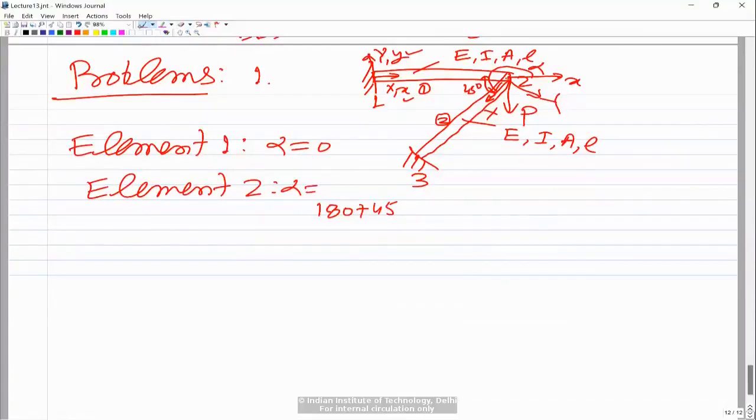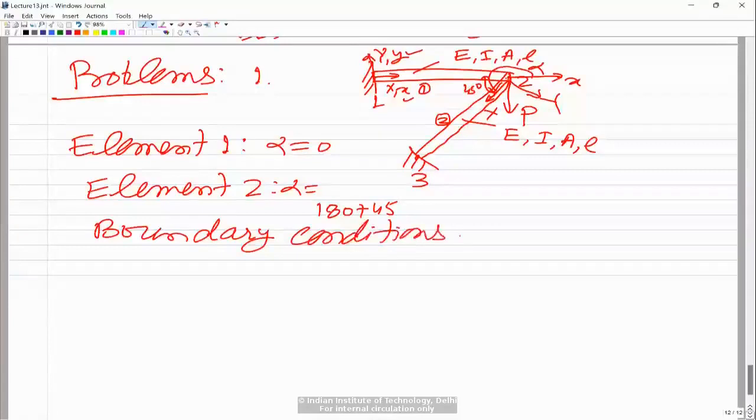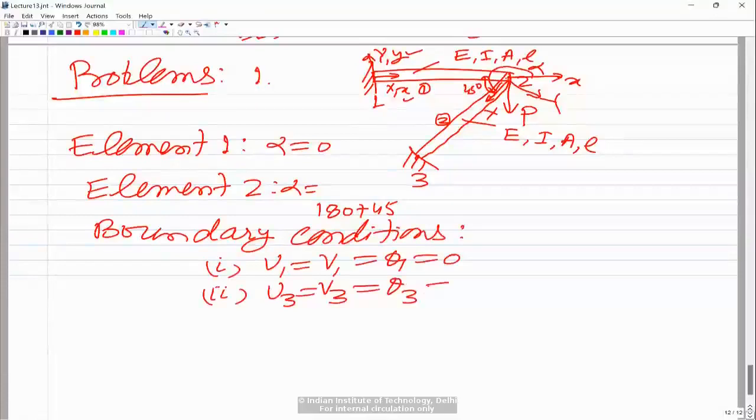Accordingly, you have to develop the transformation matrix, and after that, you have to assemble and impose the boundary conditions. I am just giving you some hints, but you have to solve this as a homework problem. The boundary conditions will be: node 1 is fixed, so u1 equal to v1 equal to theta 1 equal to 0. Node 3 is fixed, so u3 equal to v3 equal to theta 3 equal to 0.